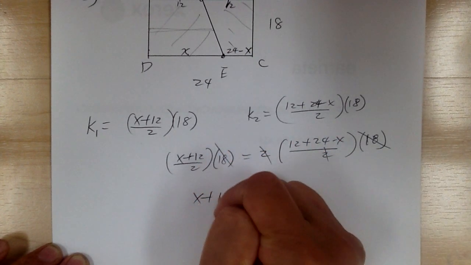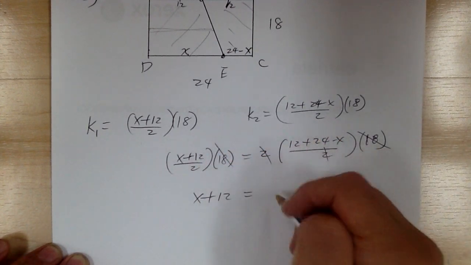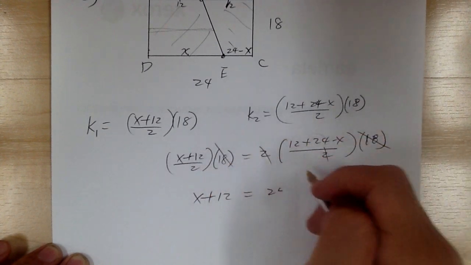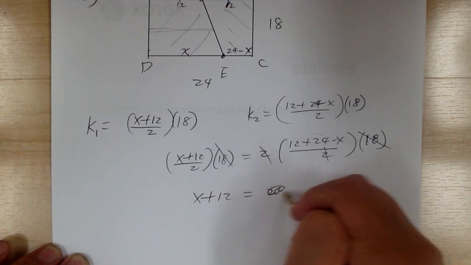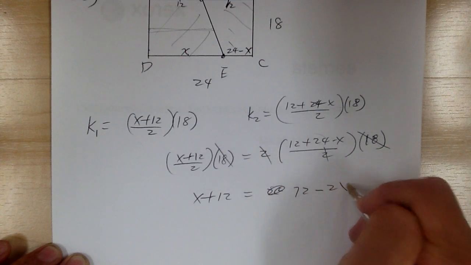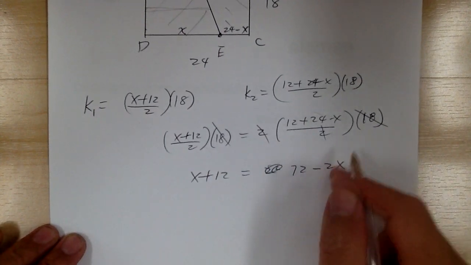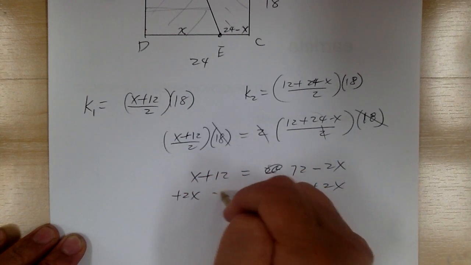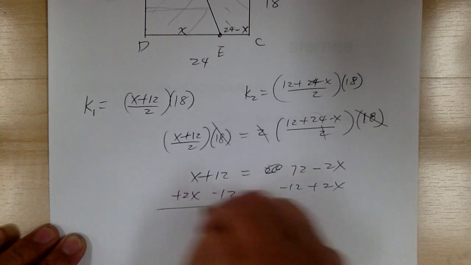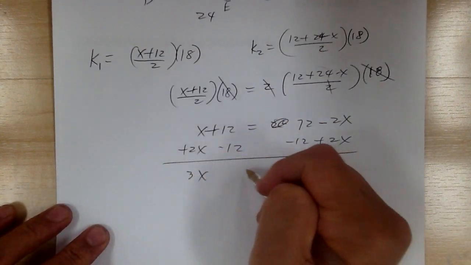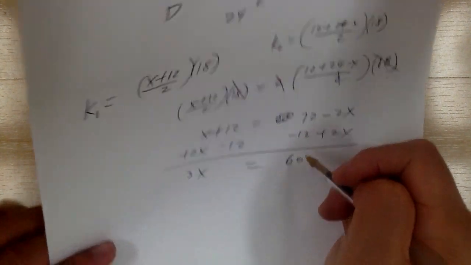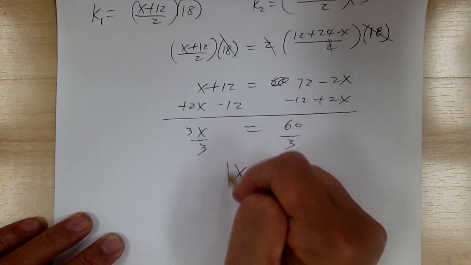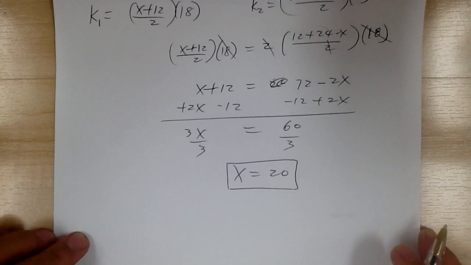I get x plus 12 equals, this is 36, so times 2 will give me 72 minus 2x. So move the x over here, plus 2x, and minus 12, minus 12. So I get 3x equals 60. Divide by 3, divide by 3, so x equals 20. And that's it.